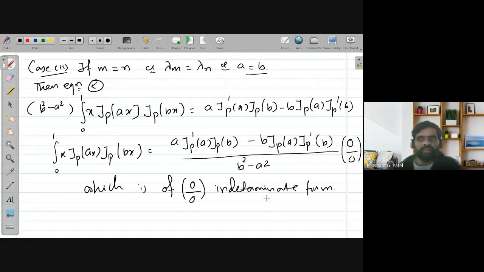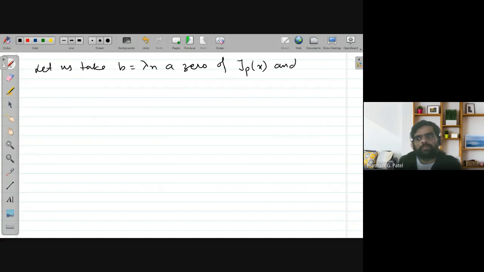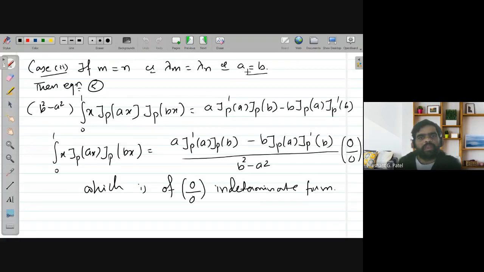So that means I need to take the limit here. So let us take b equal to lambda n, the zeros of Jp(x), and a be arbitrary, such that a tends to b, because ultimately what I need is this a and b has to be same.